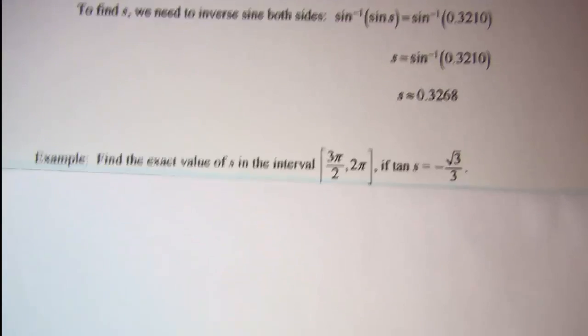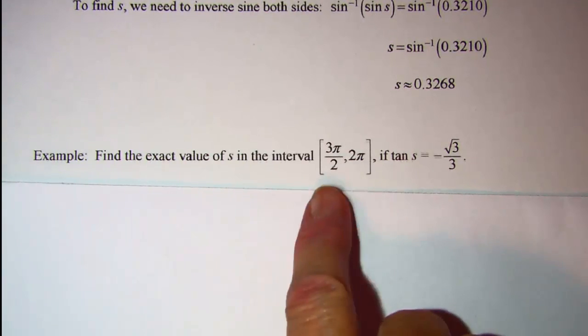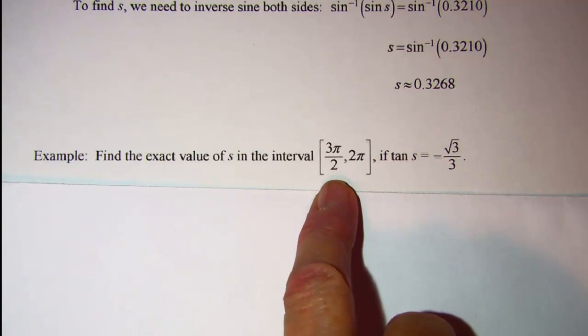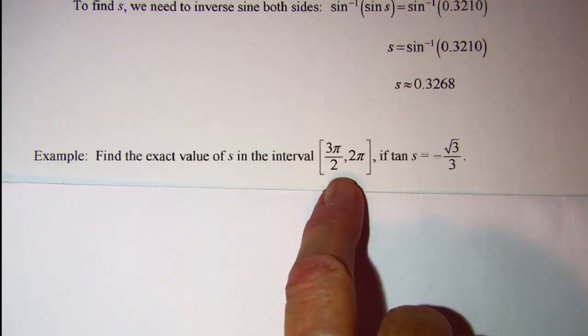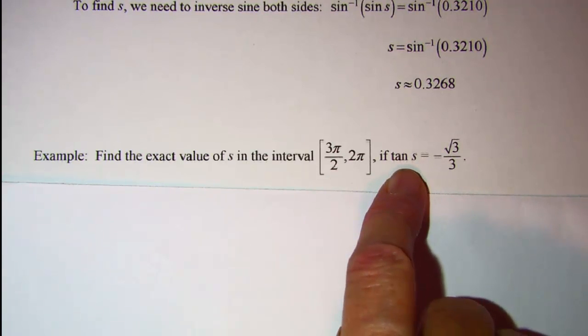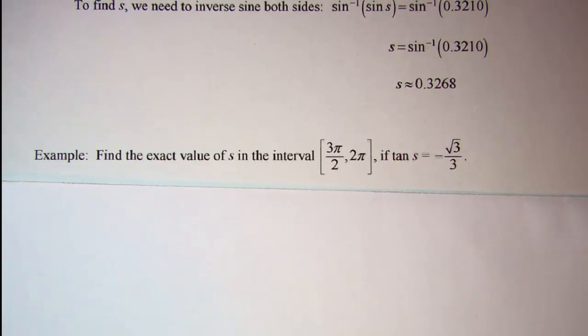Alright, my next one, I want to find the exact value of s in this interval, closed interval from 3 pi over 2 to 2 pi. So this interval indicates quadrant 4. And we're told that the tangent of s is negative root 3 over 3.